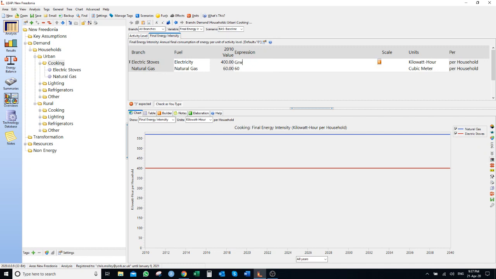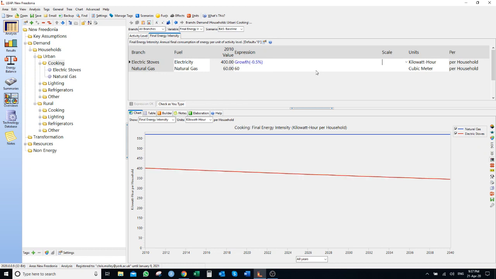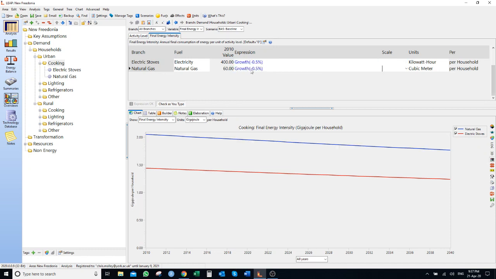So here we can use the growth function because it's a percent change, but we apply a negative growth, minus 0.5%. And the same in the other one, minus 0.5%. Now that may be counterintuitive because we've got the growth function here, but we can have negative growth. We can have a decrease by putting the minus sign in front of it.